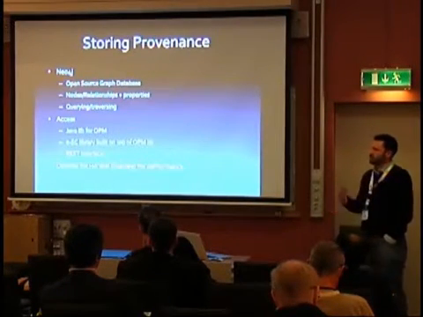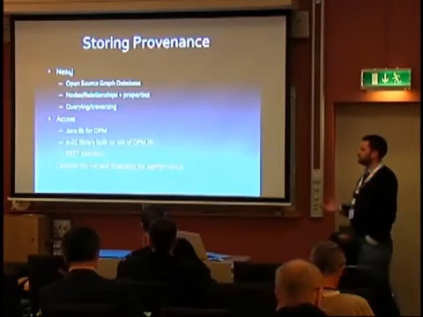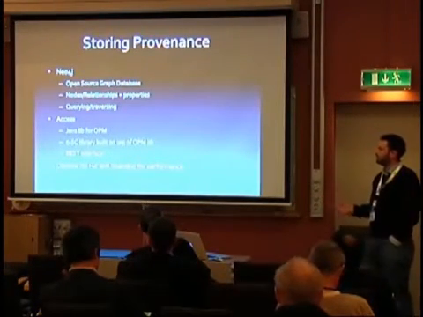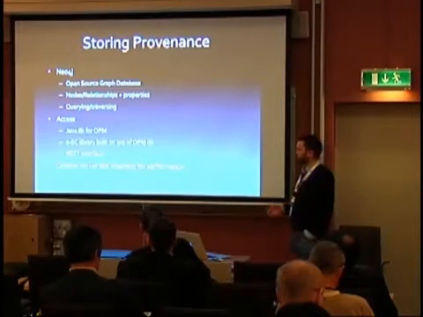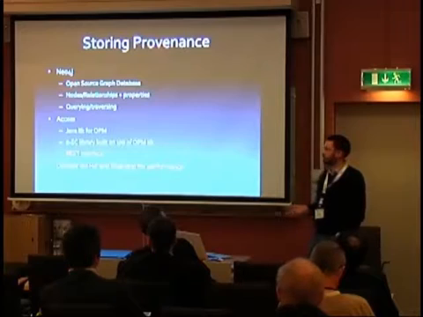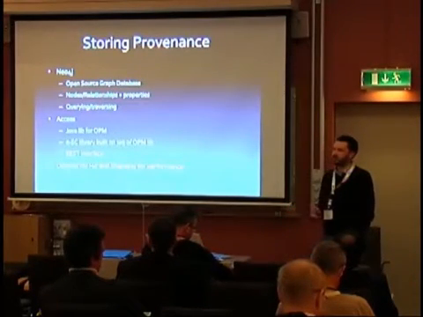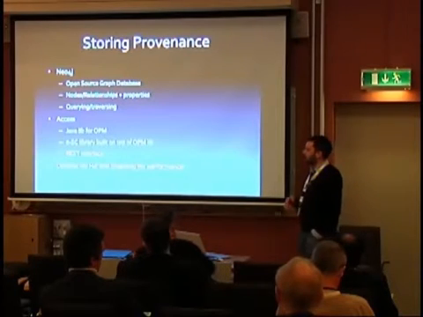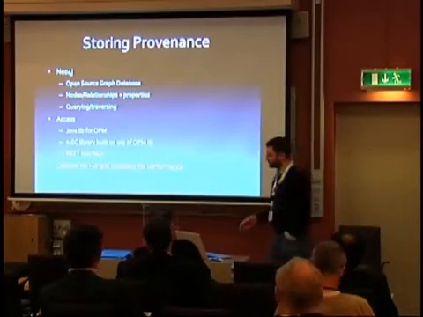The graph database, instead of having a notion of tables and rows, has notions of nodes and relationships between them, and instead of querying it, you traverse it. So we built some libraries for interacting with these based on the Open Provenance Model, and there's also a REST interface to it which allows us to perform some traversals.